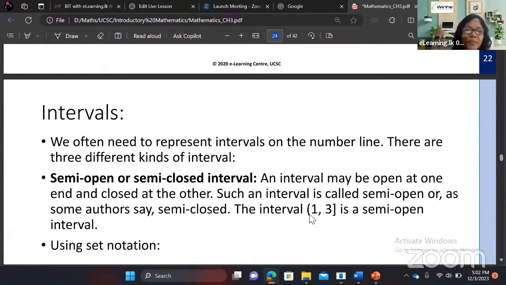The other interval type is what? Semi-open or semi-closed interval. That means one side can be open and the other side can be closed. When one side is open and the other side is closed, we call it a semi-open interval or semi-closed interval.